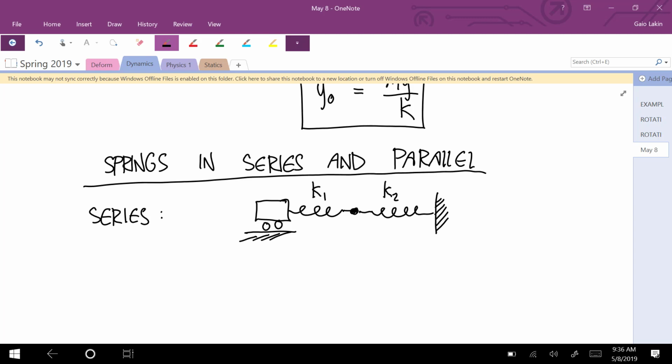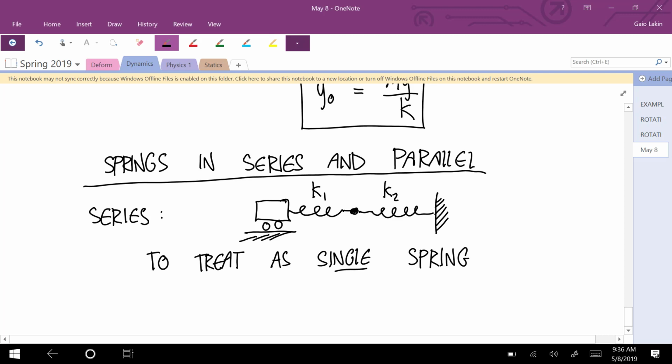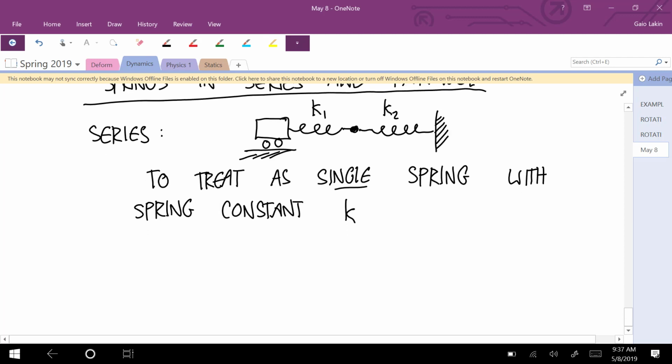So to treat this as a single spring with the spring constant K, 1 over K is equal to 1 over K1 plus 1 over K2.